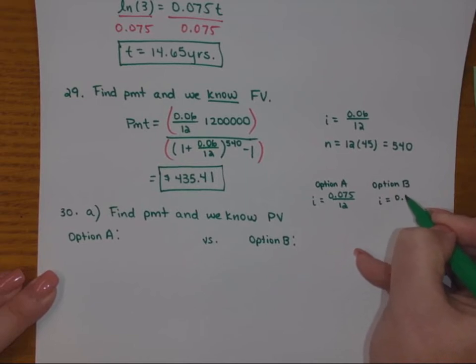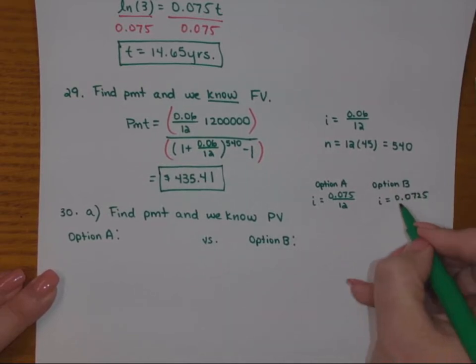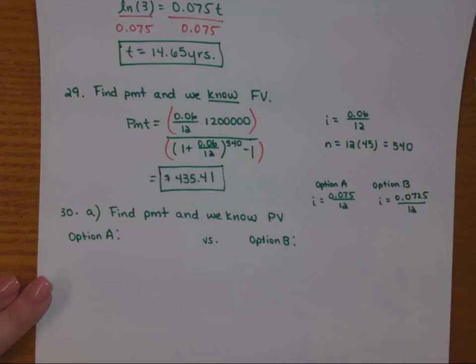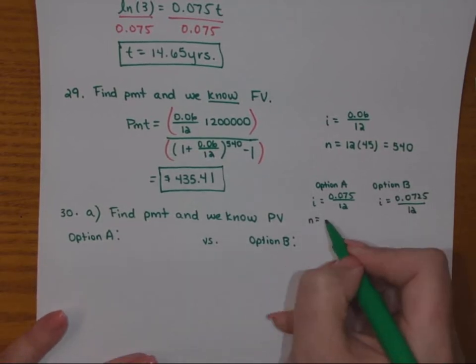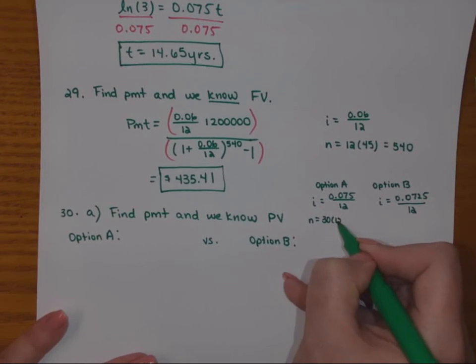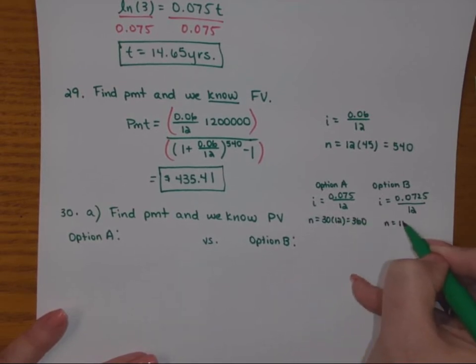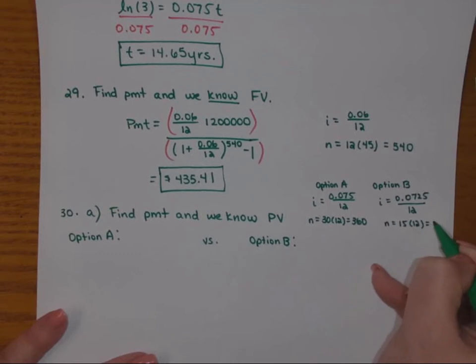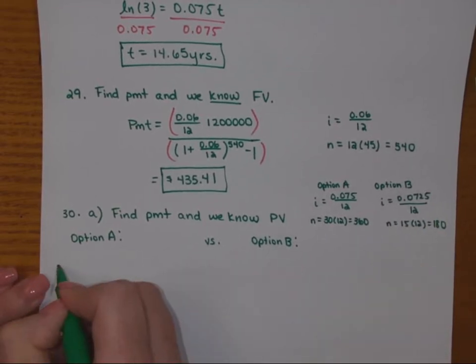So it's 0.725 over 12. Okay. Also, the N is different for both, right? The first one is a 30-year note, so it's 30 times 12 or 360. But this one is a 15-year note, so it's half the number of payments. It's only 180.